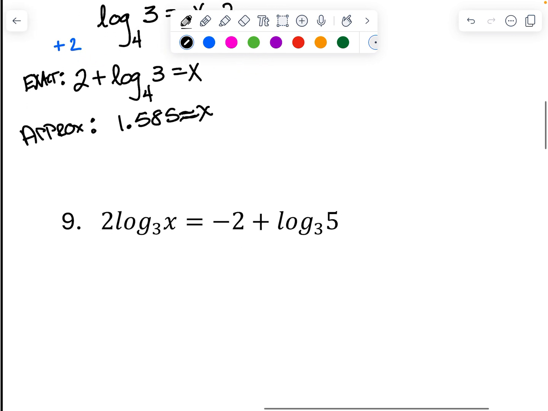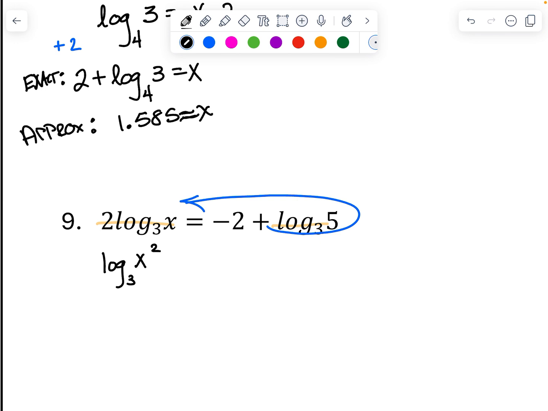Okay, on this one I notice I have logarithms on both sides. So I am going to take this logarithm and move it over there with the other logarithm. And I think I'll clean this up a bit. So this is log base 3 of x squared, because this coefficient is the power of that.